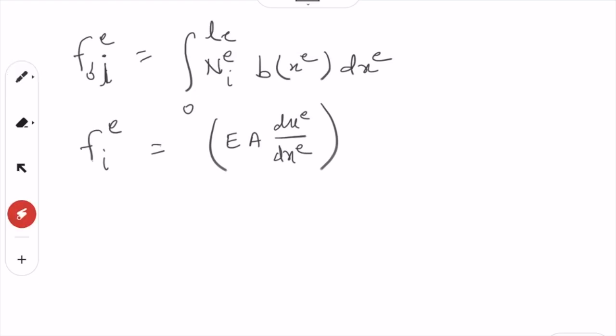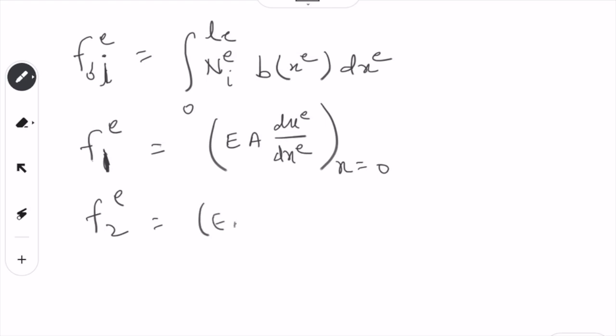If it is 1, we are talking about x equal to 0, and if it is 2, Fe2 equals E A d u e over dx e at x equal to L e. That is what that is.